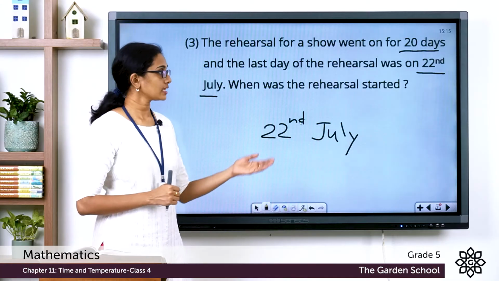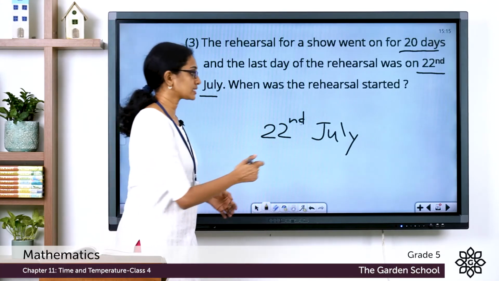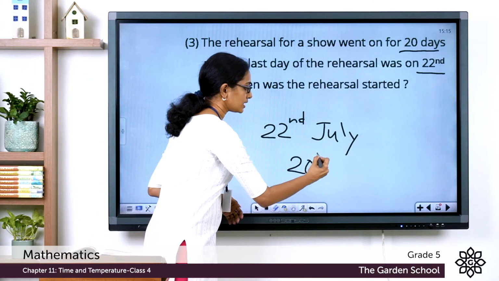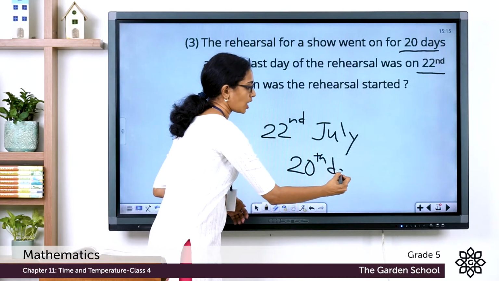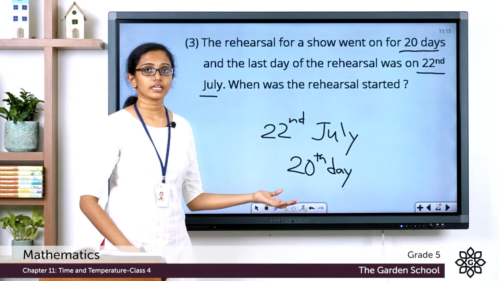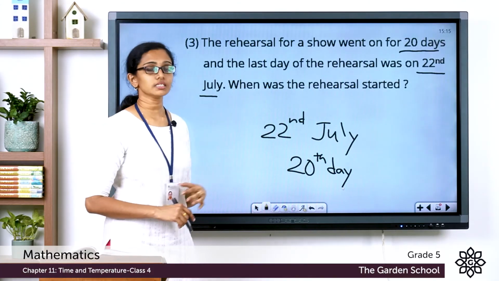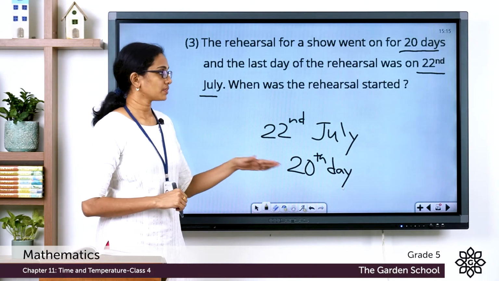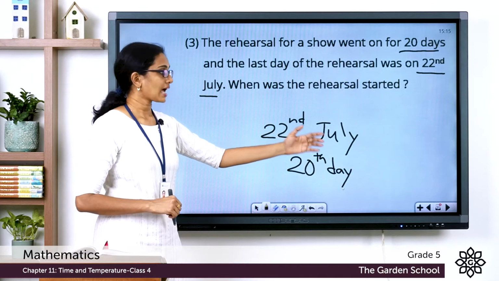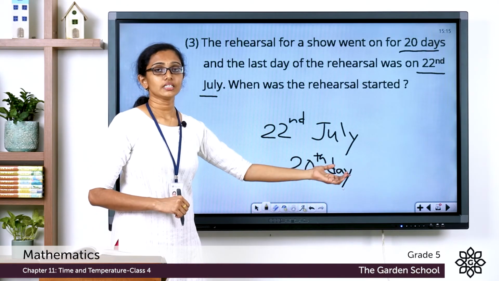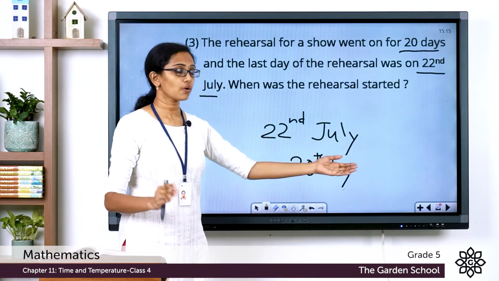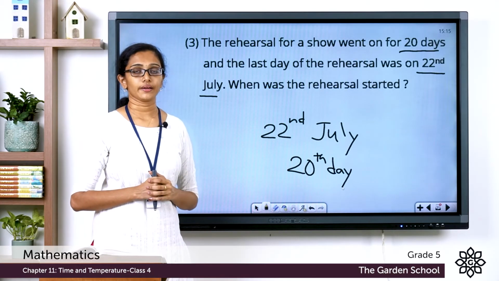So the last day, the 22nd of July, is the 20th day of the rehearsal. So how do we find out on which day it started? You have to subtract 19 days from the 22nd of July. We have excluded the 20th day and hence the rehearsal started 19 days before the 22nd of July.